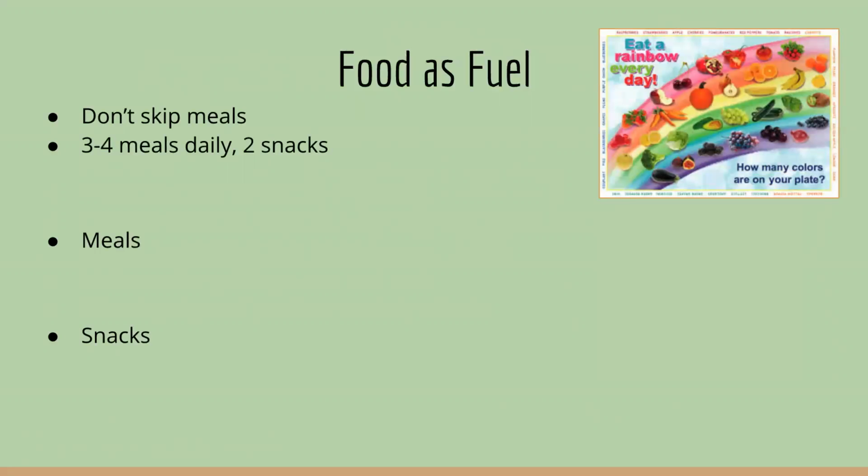A lot of times we don't have the control to make things less busy, but how do we balance all of that? So first we're going to look at just a few helpful tips when we're talking about food and what we're going to eat.